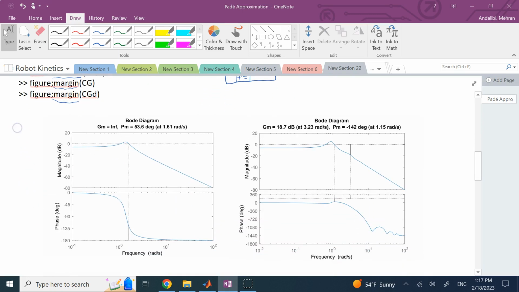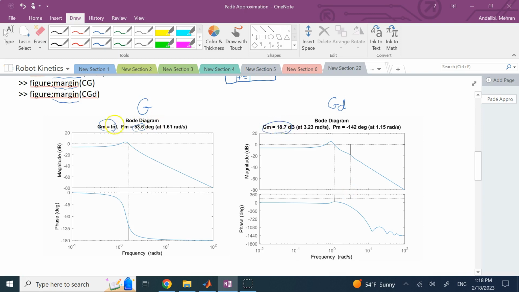And if you look on the left for G, you clearly see that the original system closed loop is stable. You see phase margin is positive 53 degrees and gain margin is infinite, right? So it's completely stable. But if you put Gd in that unity feedback system, now take a look. The gain margin is still positive, which is good.